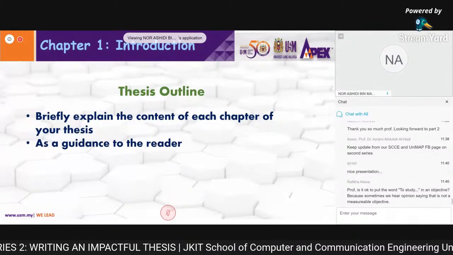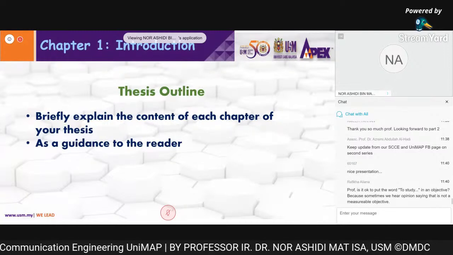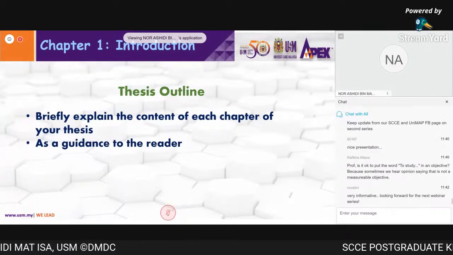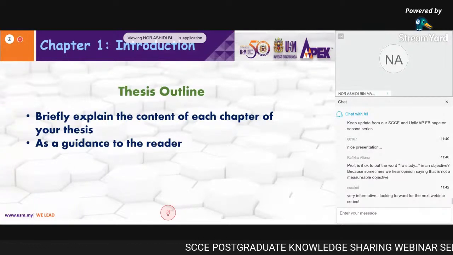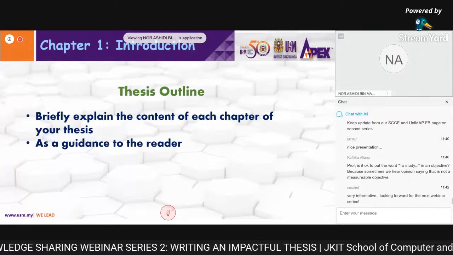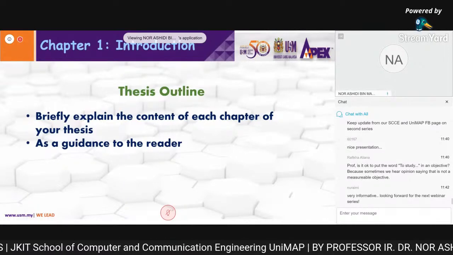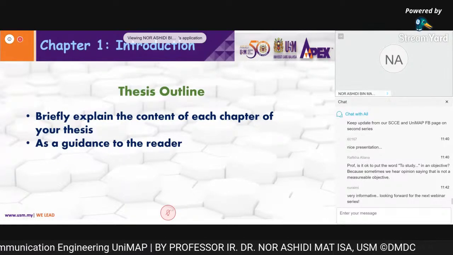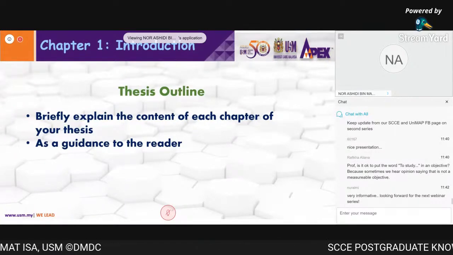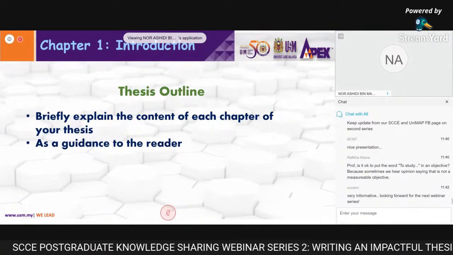A research question is something that reflects your hypothesis, basically. So when you have the research gap, then you have the research objective. Then from the research objective, what are your expected outcomes? This is basically your hypothesis. So based on the objective, what do you think is the expected outcome or the hypothesis of your research objective and your research gap?